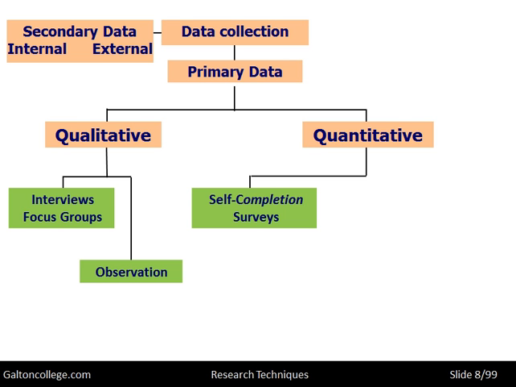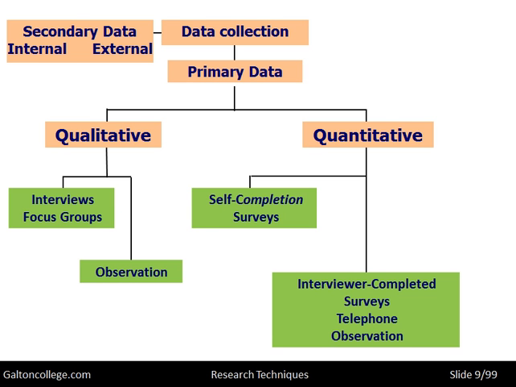The quantitative, well, there may be self-completion surveys, perhaps a questionnaire which is given to people and ask them to complete it and return it. Perhaps the response rate won't be very large, because a lot of people can't be bothered or don't get around to it, or don't have the time, or are just not interested. It could be interviewer completed.